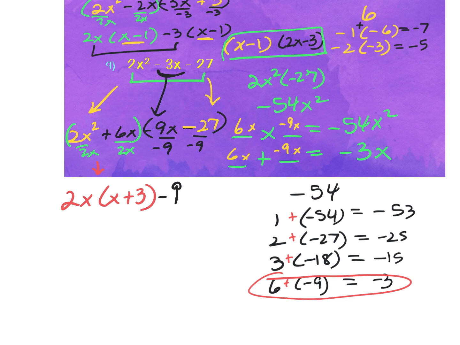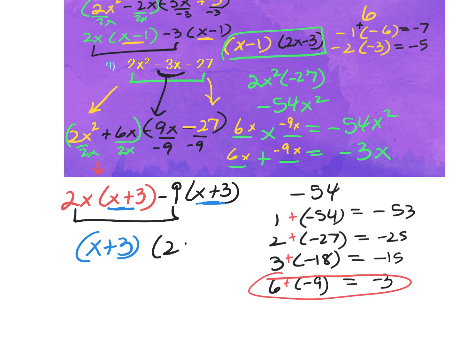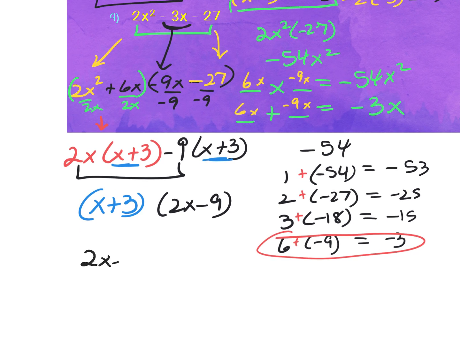So negative 9, and then I'm left with x plus 3. Take the factor that is now in common, x plus 3, and then put the two GCFs together as well. And again, FOIL that. If it doesn't go back to your original problem, you've done something wrong. And again, if you prefer to write 2x minus 9 first, and then the x plus 3, the order doesn't matter.